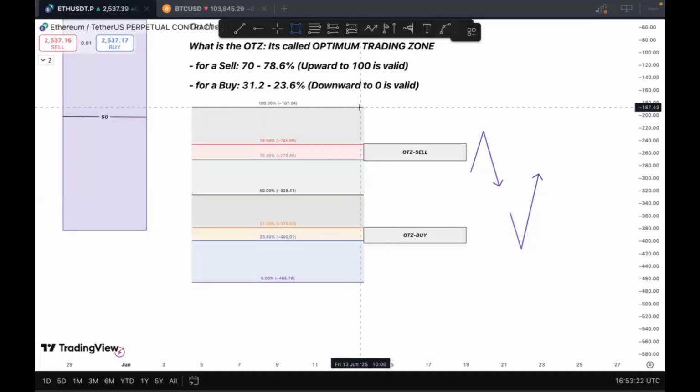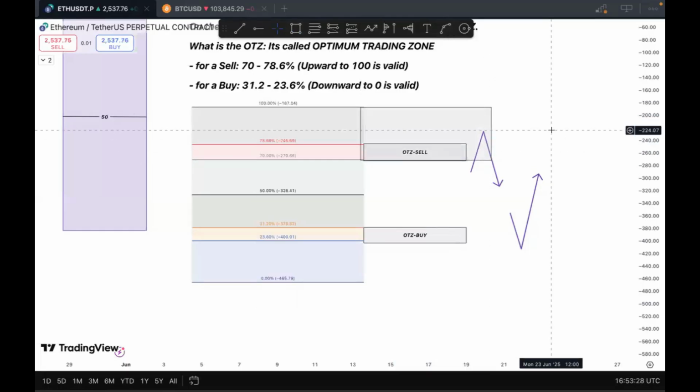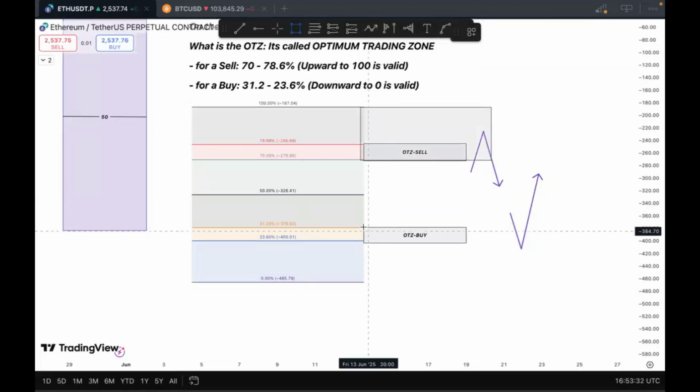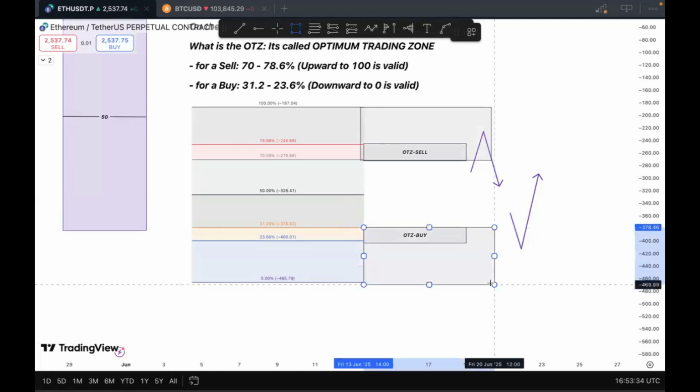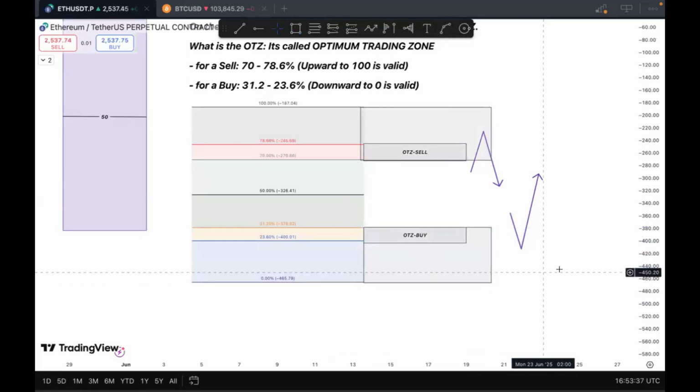So I want to sell anything from this zone. It gives me additional confluence. And I want to buy anything from this zone. Okay, can you see? Good.